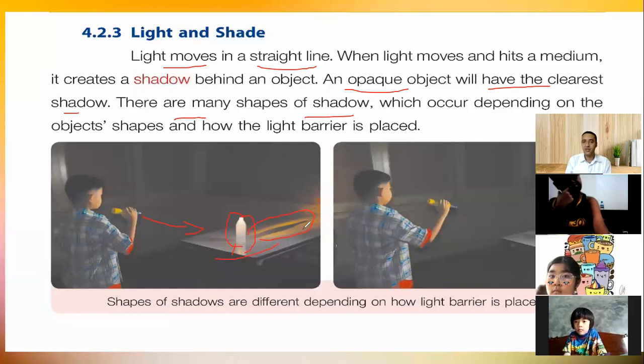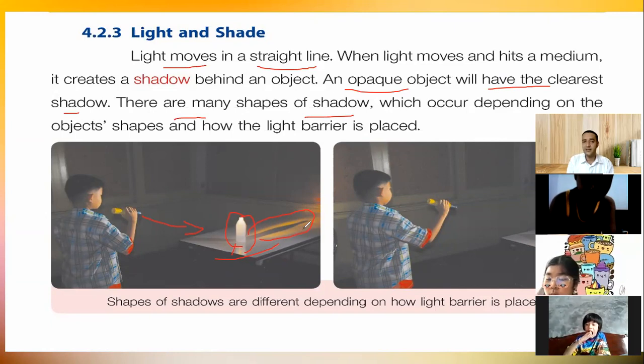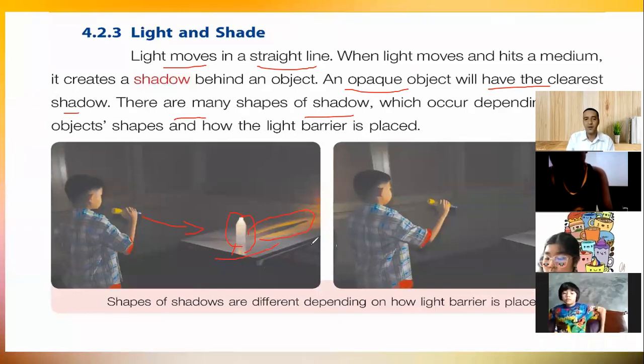And most of these shadows depend on different objects, like different objects having different shapes. So you will find different kinds of shadows. And how the light barrier is placed, like how do you place the light barriers? The shadow will also depend on that. Here you can see in both photographs, while you place here a bottle, you can see the shadow right here after hitting the light.